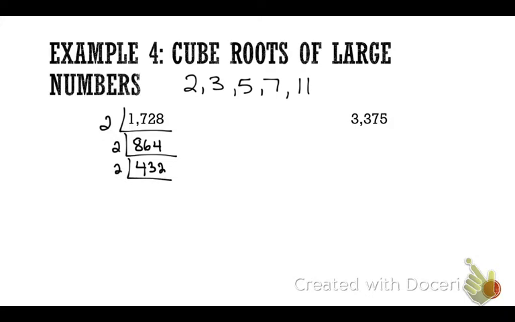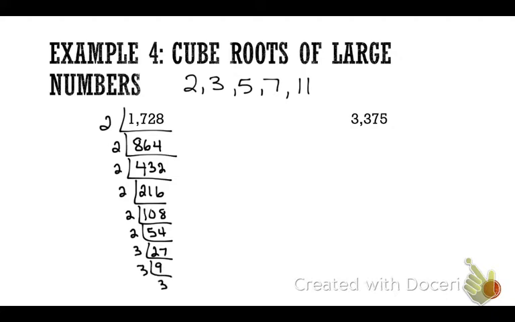And again, because as long as these are even numbers, I know they're divisible by 2. 216. Divide by 2 again. 108. 54. And 27. Okay, so now 27 is divisible by 3.